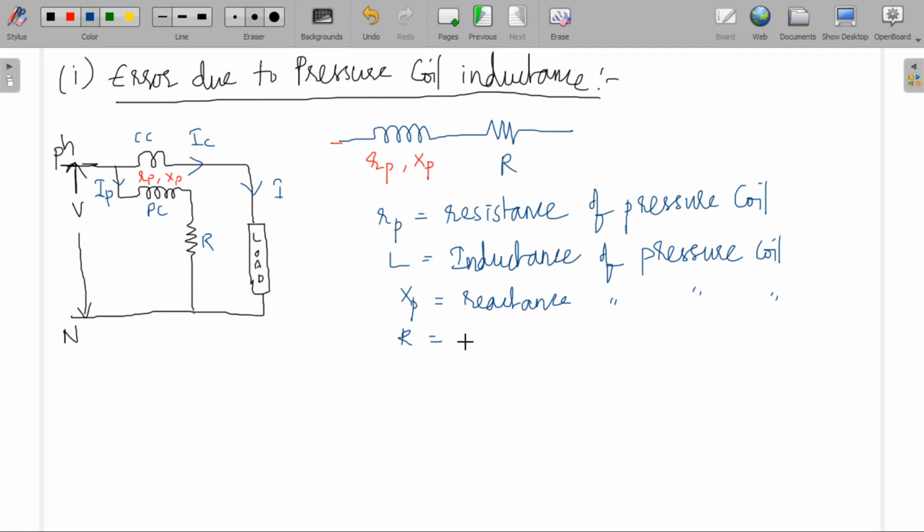R is the resistance in series with pressure coil.